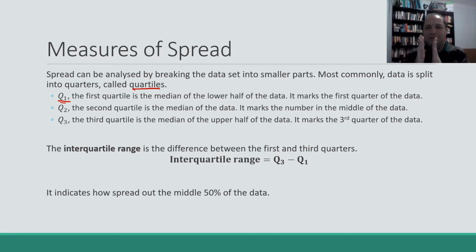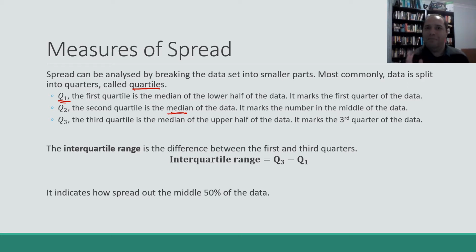If you're finding the middle of the lower half, you're splitting it into quarters. So for that lower end of data, that median is going to break up our first quarter and our second quarter.